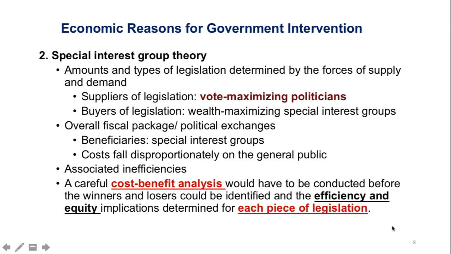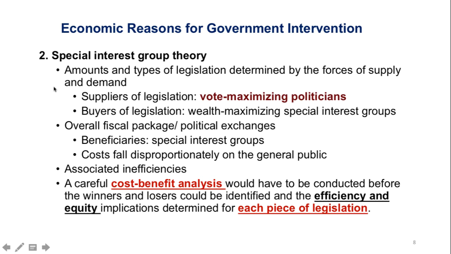Now, the second basic theory behind the economic reason for government interventions is the special interest group theory. The amounts and types of legislation are determined by the forces of supply and demand. It means that any piece of legislation in the government should be determined by the forces of supply and demand, meaning that the buyers and sellers in the market determine what legislation should be approved.